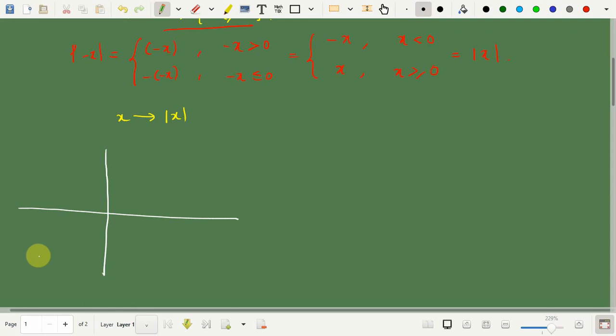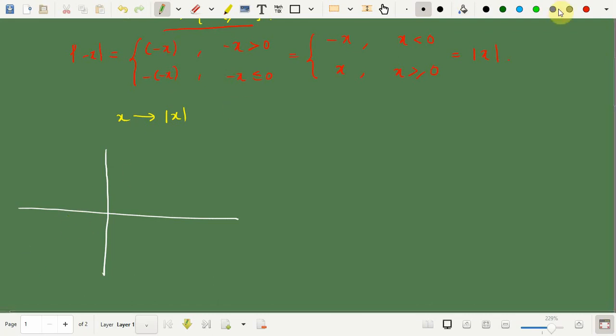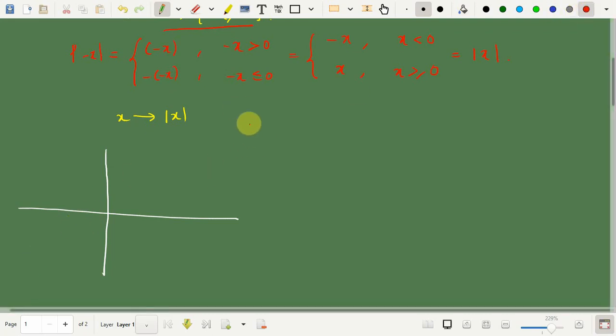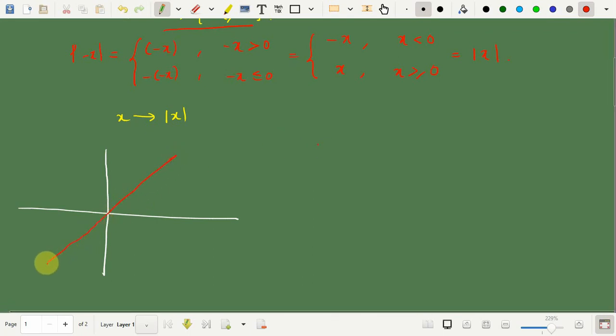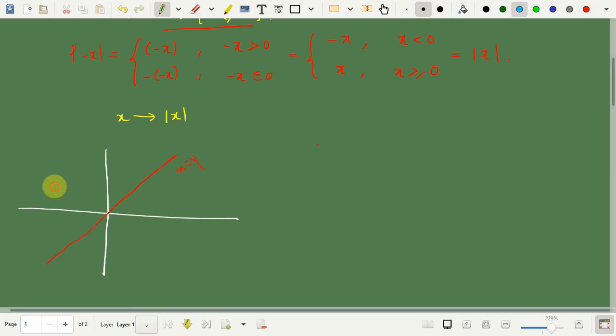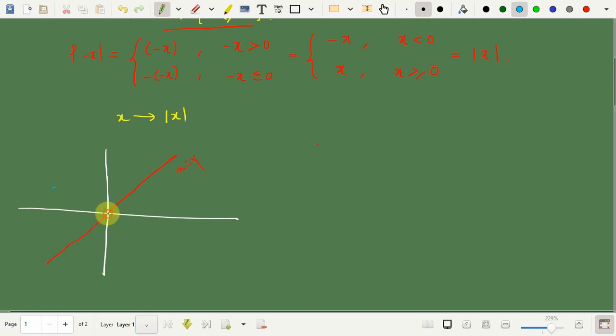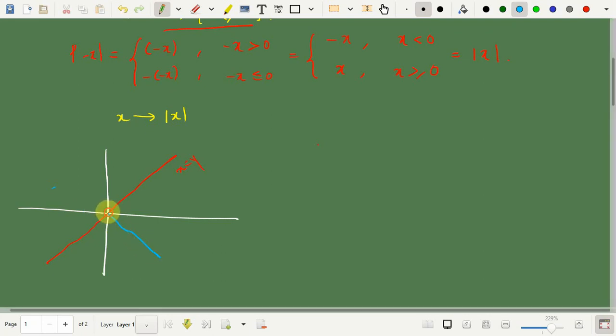So, this is the line, say I would draw in red, the line x is equal to y. Suppose this is my x is equal to y, and I would draw x is equal to minus y somewhere here. This is my line, x is equal to minus y.